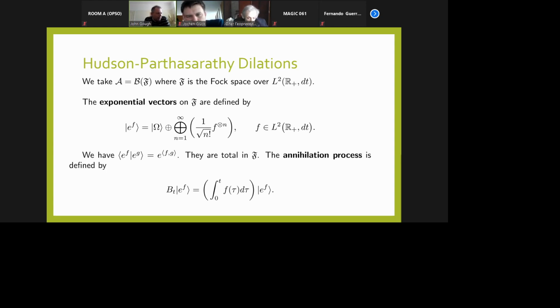And for n equals 0, we've got the vacuum state. So the inner product of two exponential vectors is just the exponential of the inner product of the two test functions, and they're total in the Fock space. And so, for instance, the annihilation process, which we've heard mentioned a couple of times recently, can be defined quite simply as follows on this particular domain.